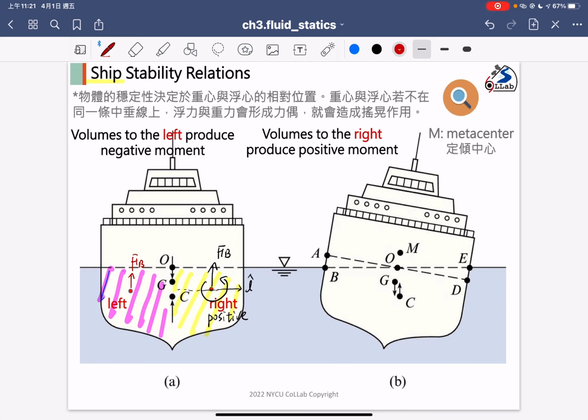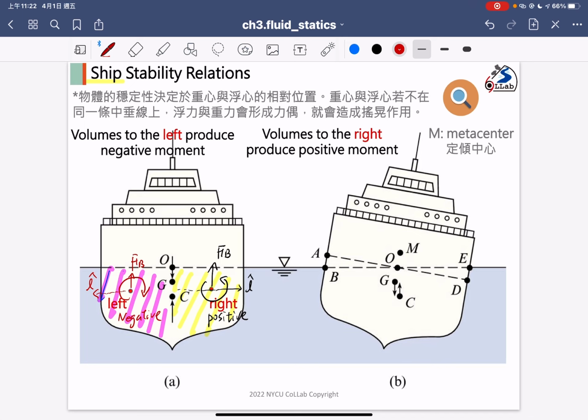But right now the condition is different because the length vector is along this direction. So using your right hand and doing the cross, the moment will rotate clockwise, and usually we call that the negative moment.